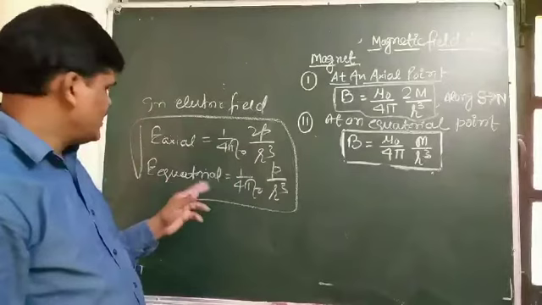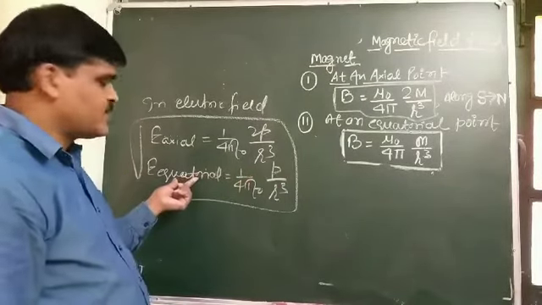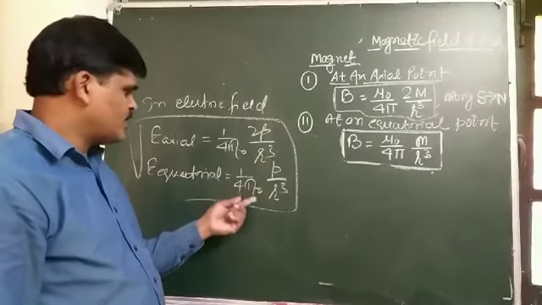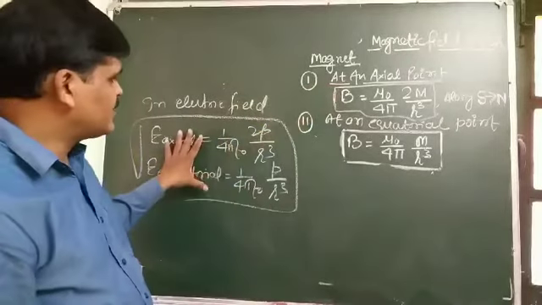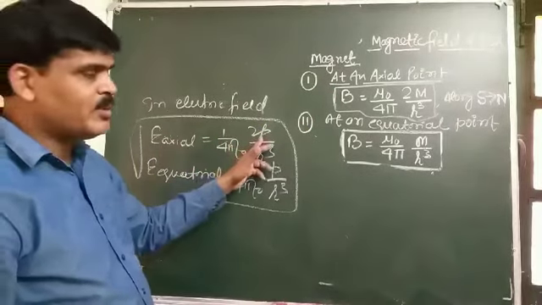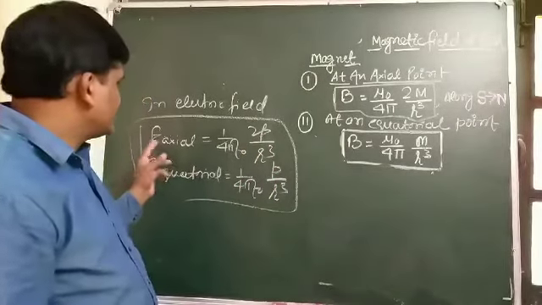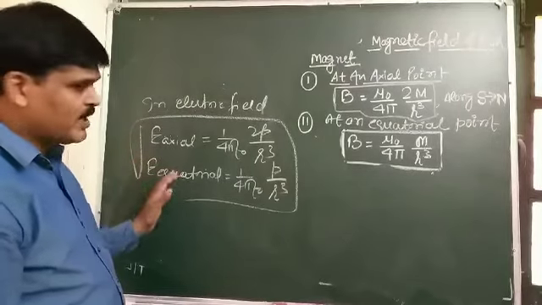And in the same way, the electric field due to an electric dipole at an equatorial point is 1 upon 4 pi epsilon 0 into p by r cube. In the same way, only the notation and the field will change. Here E axial, E equatorial become B axial, B equatorial, magnetic.